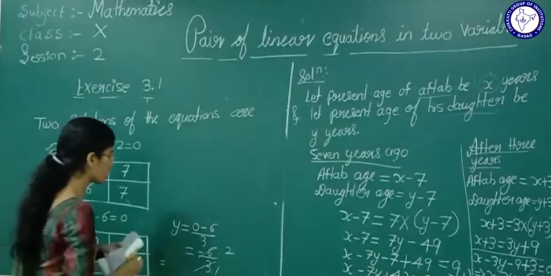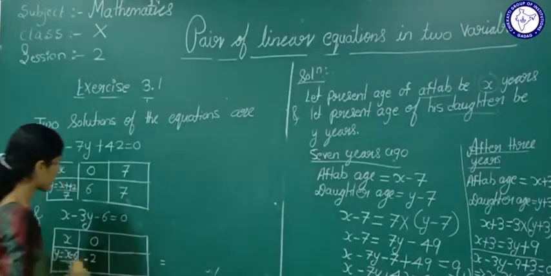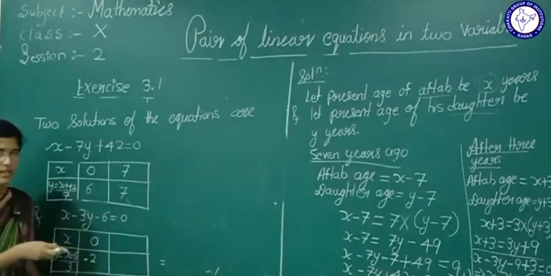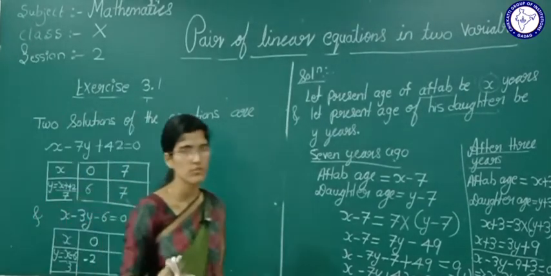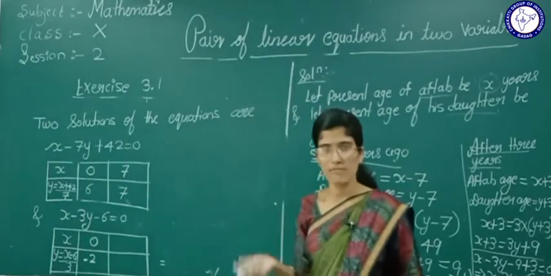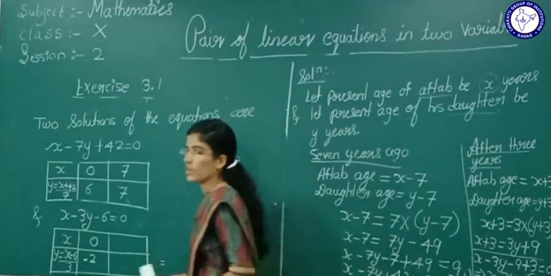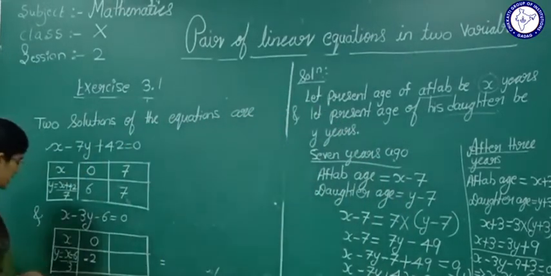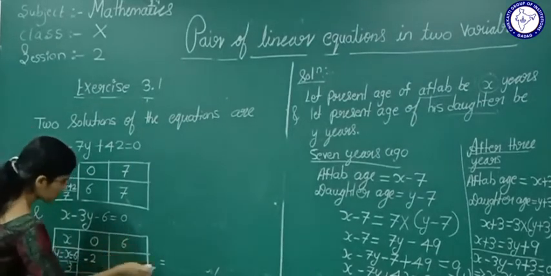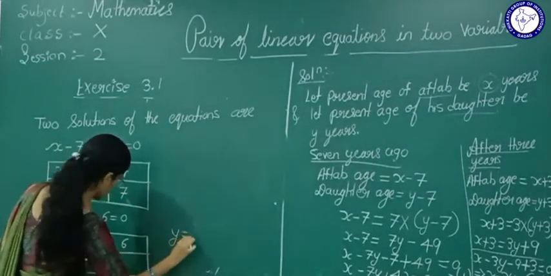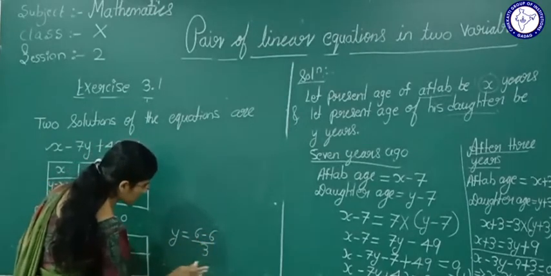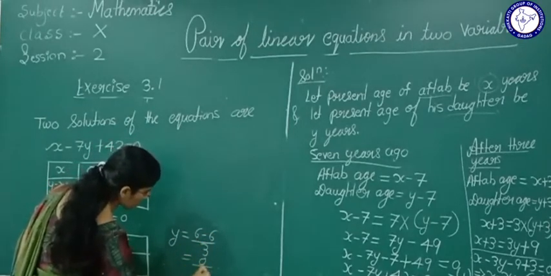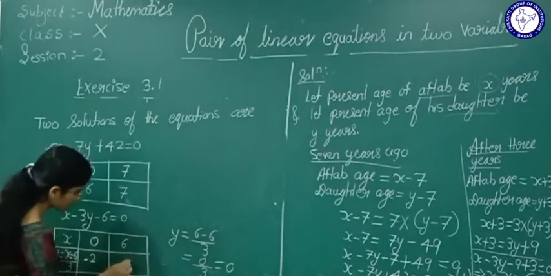Now see students, there is no rule that we have to take 0 only. You can take any value, it's your wish. If I take x value 6, what is the y value? 6 minus 6 divided by 3, 6 minus 6 is 0, 0 by 3 is 0.